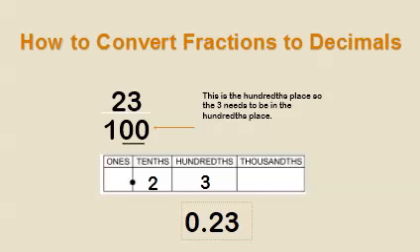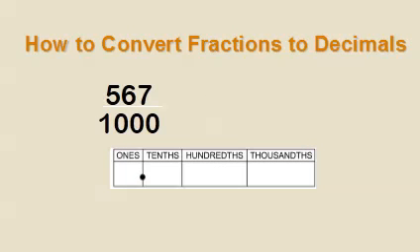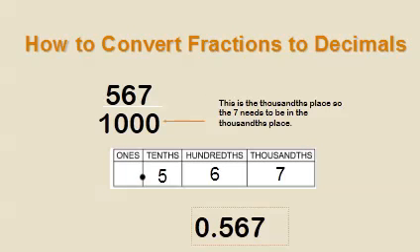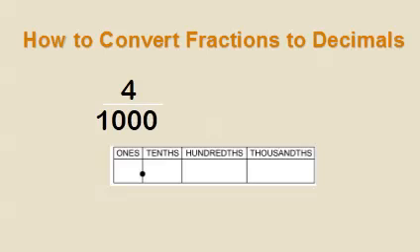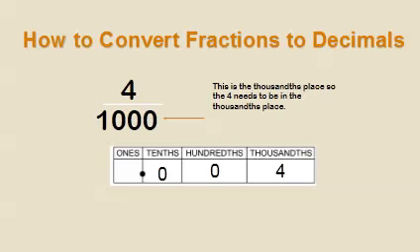Here we have 2 zeros, so I will have 2 digits in the decimal part. We have here 567 over 1000, so it's 0.567. And now we have 4 over 1000 only, so I only have 4 in the thousandths place. All the empty places are filled with 0, so it's 0.004.